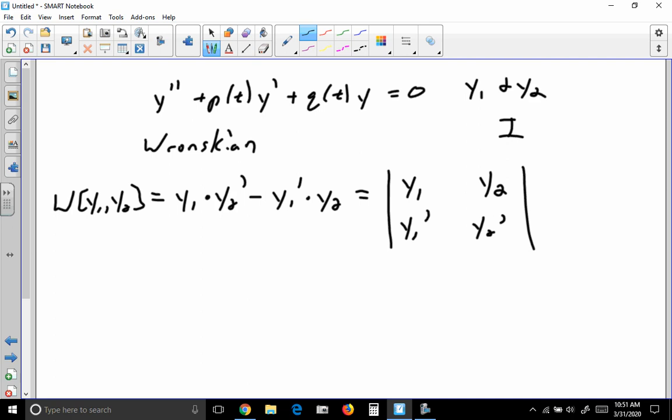So the book goes on to say, just as in the constant coefficient case, the Wronskian of two solutions is either identically 0, meaning it's always 0 on that interval I, or it's never 0. So if it's never 0, then y1 and y2 are independent.